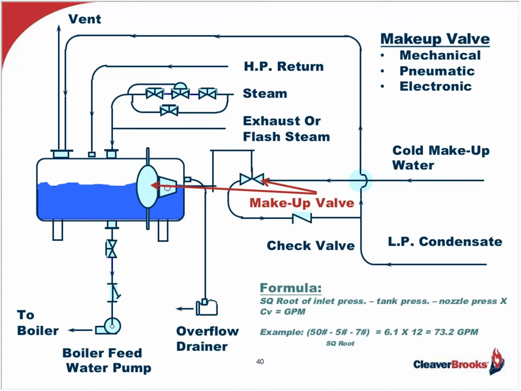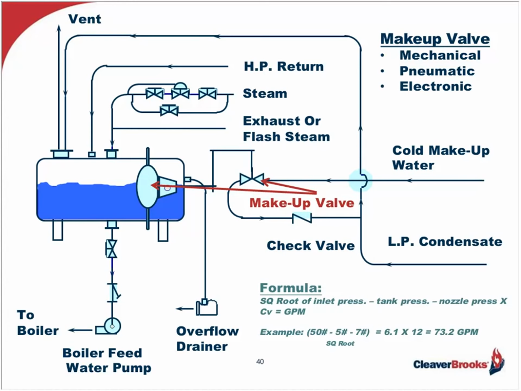Take the square root of the inlet water pressure minus the tank pressure and minus the nozzle pressure, times the CV value. And the CV value is the valve's coefficient of capacity, meaning at 60 degrees F water temperature, what is the amount I can pass across that valve to get a 1 pound drop?